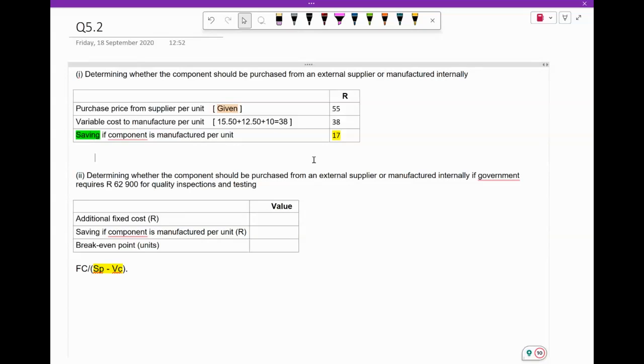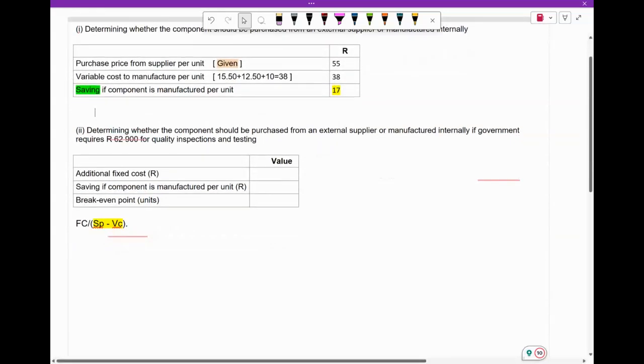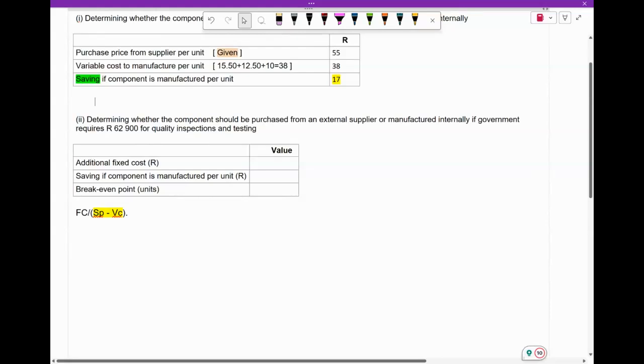The component. If we don't produce this component, then we won't incur this fixed cost. Can you see that? So we have to add in this 62,900.